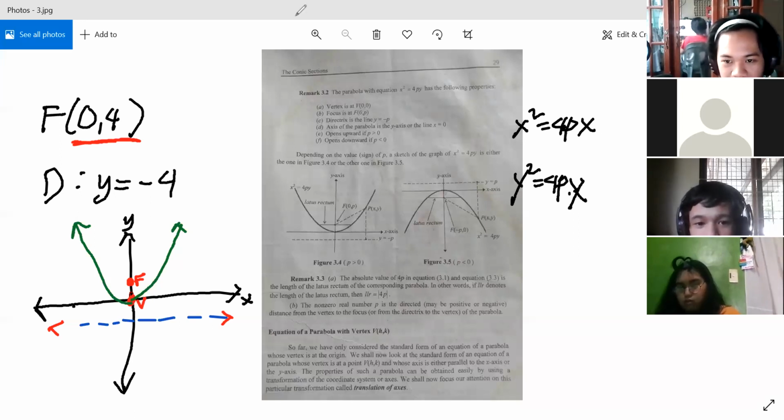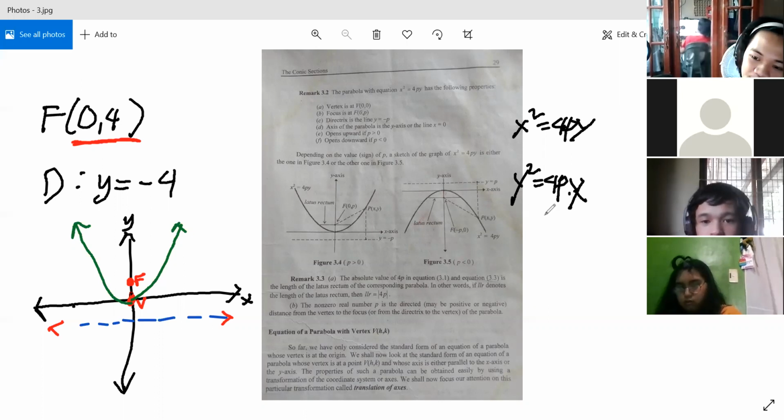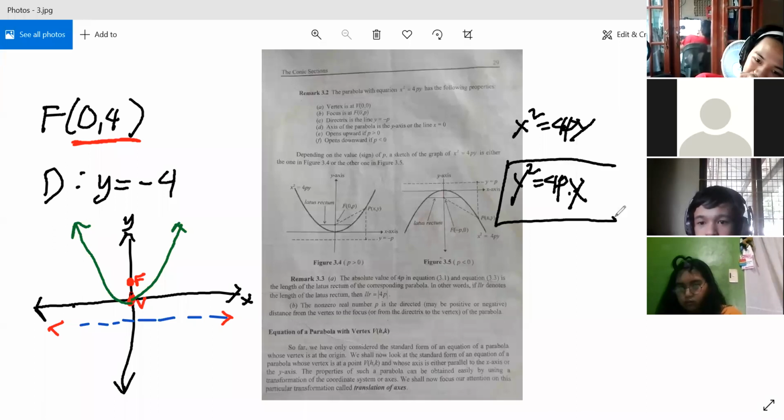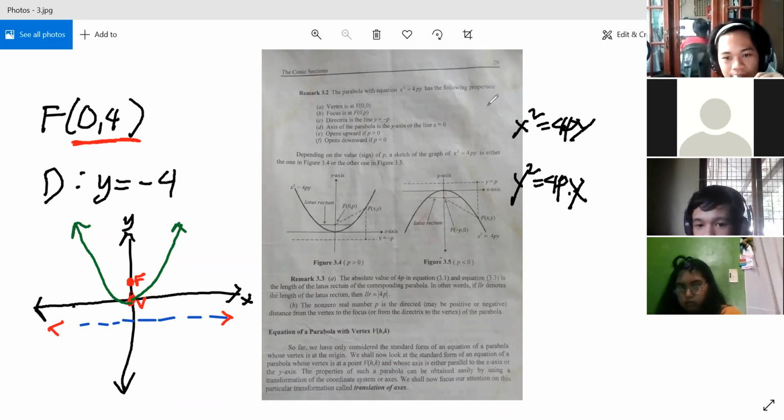It should be reversed. This should be y. Why do we need to use this one? The other one. Why x squared?